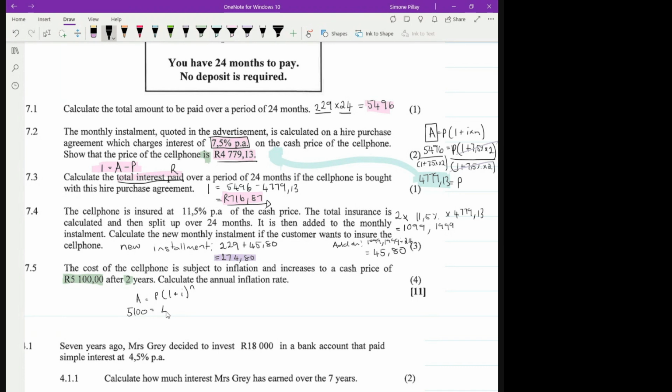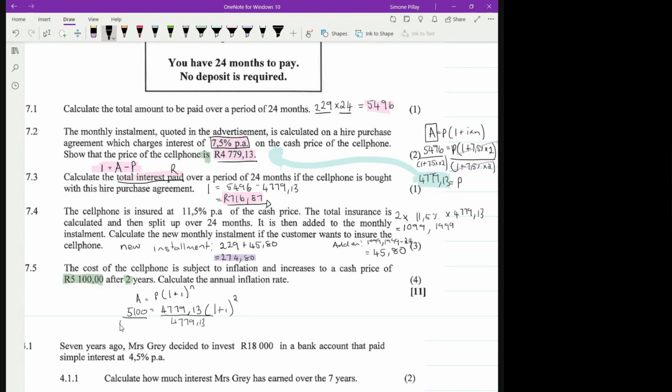What is my P value? 4779,13. And then 1 plus i. The exponent of n is 2. So the first thing I'm going to do is divide by my 4779,13.